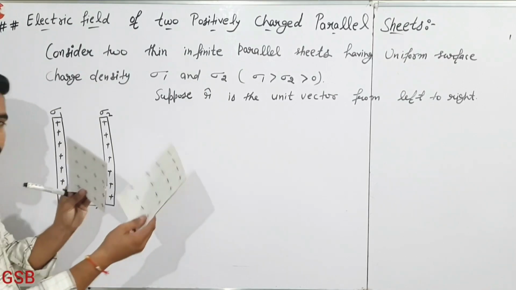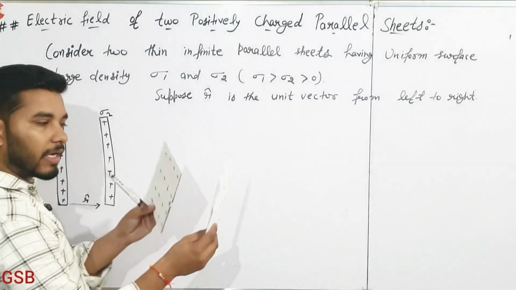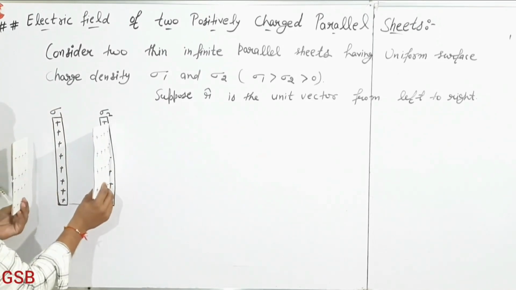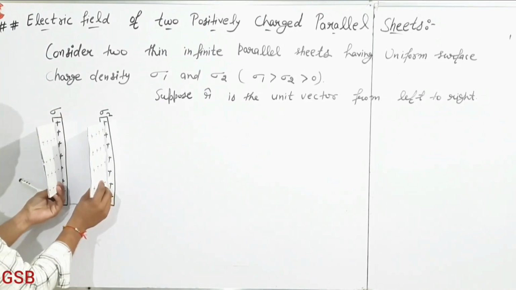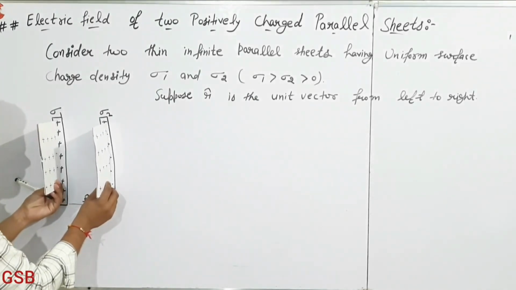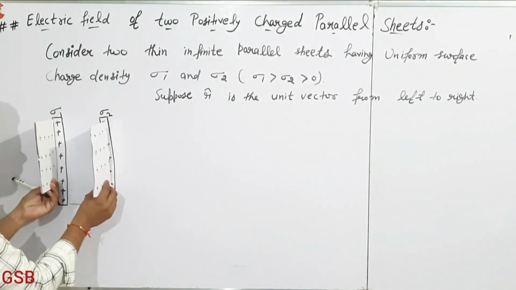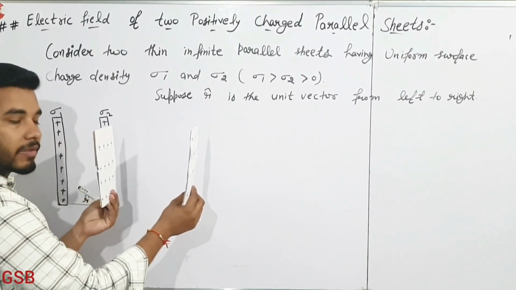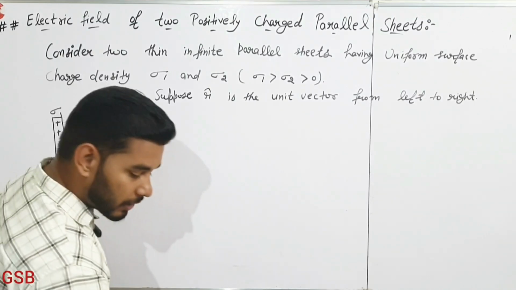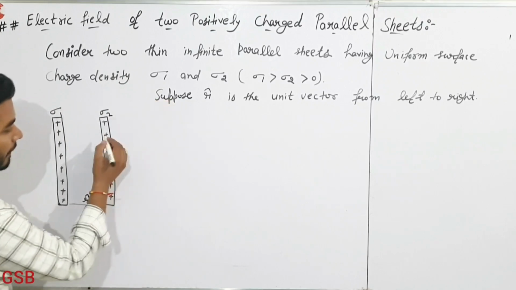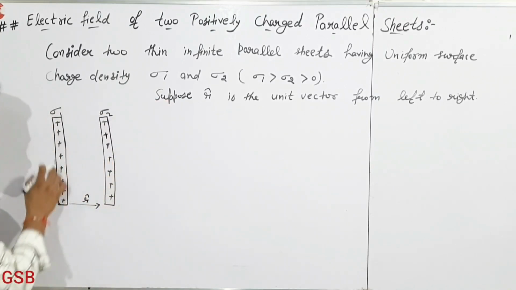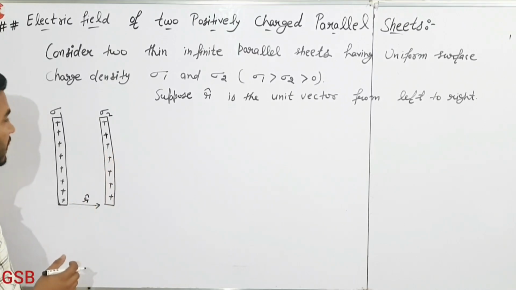Okay, now some basic representation: there are two infinite parallel sheets. We know the electric field lines are perpendicular to these two sheets, directly outward for positive sheets.